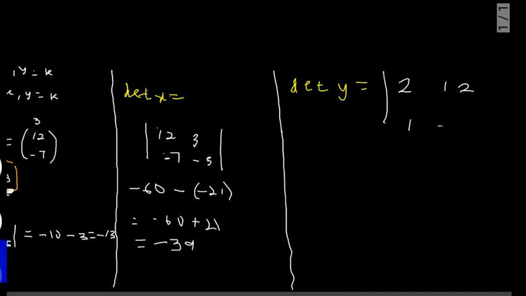The determinant of this should be 2 multiplied by -7, that is -14, subtracted from 12 multiplied by 1, that is 12. So -14 - 12 is -26.